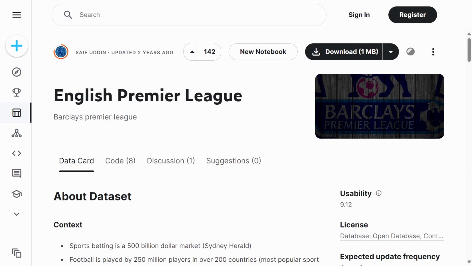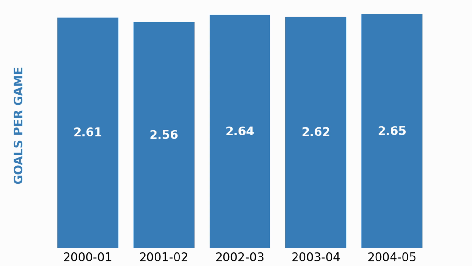So I downloaded some soccer data and prepared it for analysis. Here are the average number of combined goals scored per game during each of 5 consecutive seasons. The average for all games was 2.62, and we can see here that the rate of goals scored during each season was near constant, so Poisson should be fairly accurate.